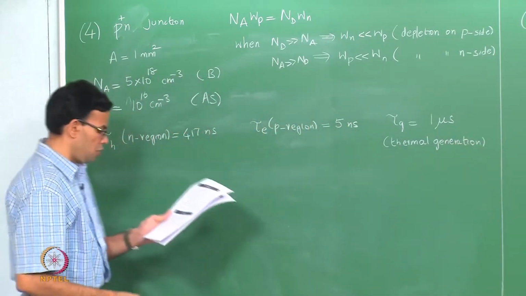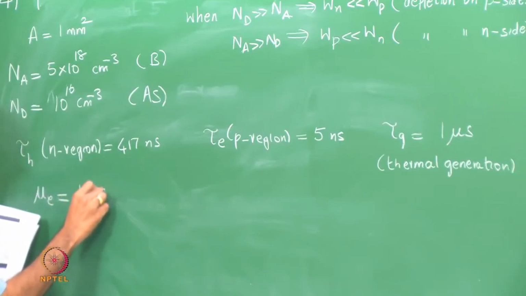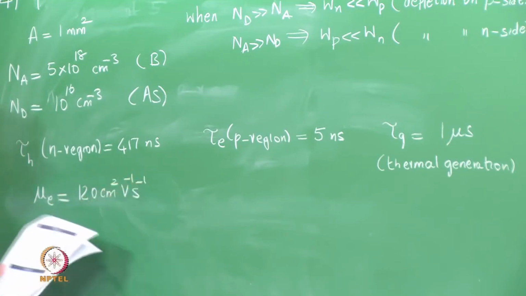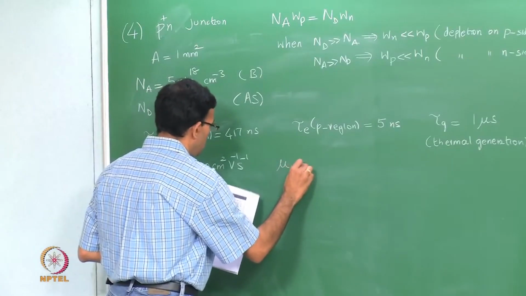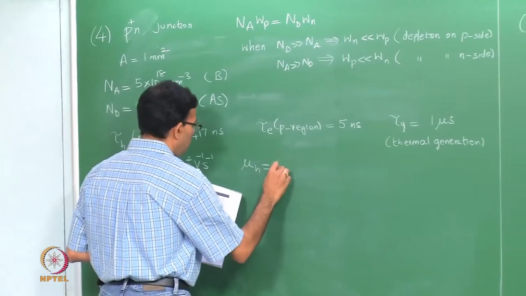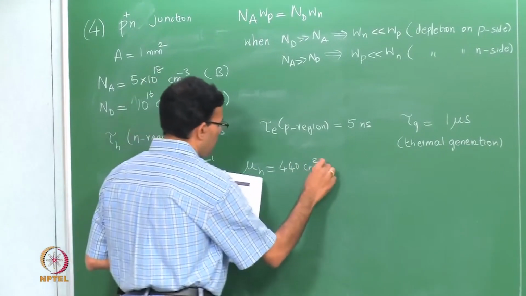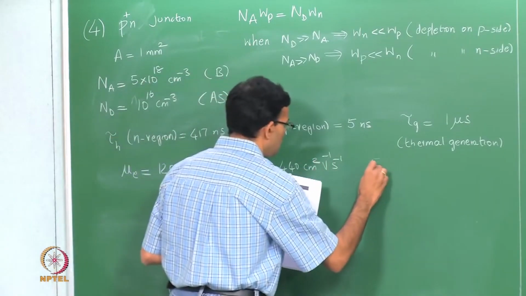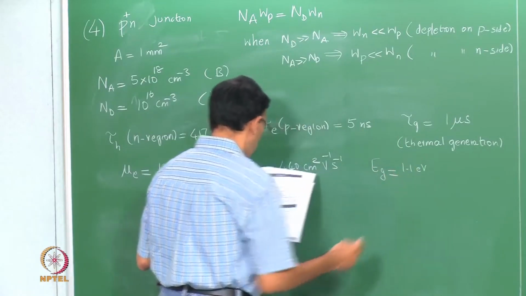Some other values are also given for this problem. So, mu e, which is the mobility of the electrons, is 120 centimeter square per volt per second. Mu h is 440 centimeter square per volt per second, and Eg is 1.1 eV.